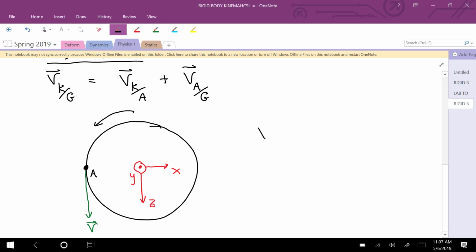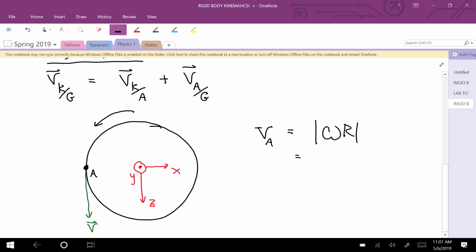The magnitude of the velocity is the absolute value of the angular velocity times the distance from the center of the circular motion to the point, r.